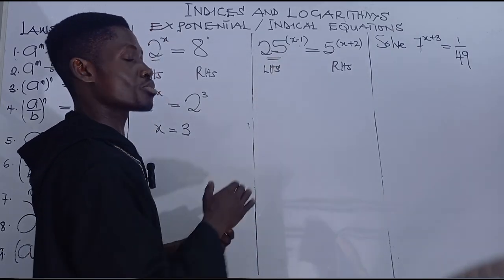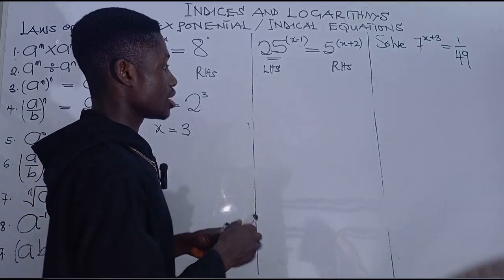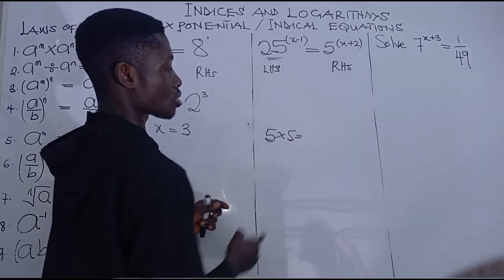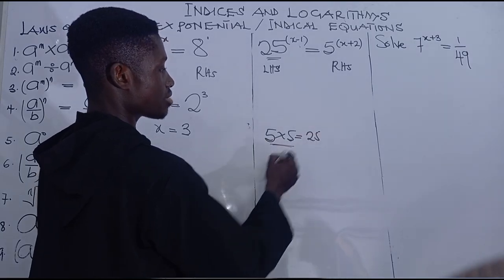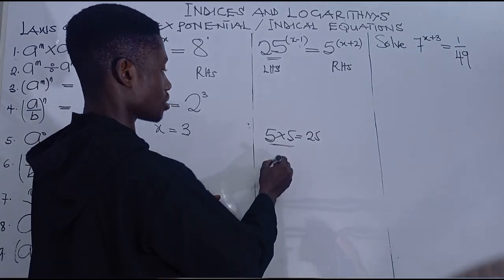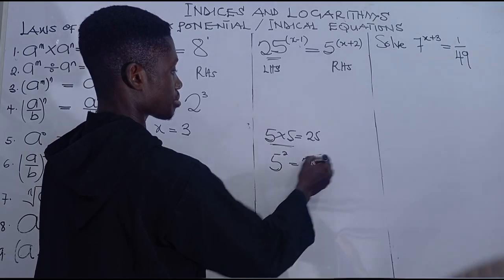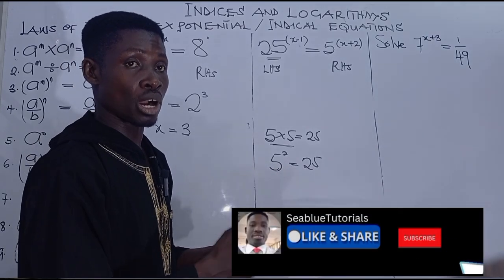Therefore, we have to express 25 in an index form with a base of 5. So we know that 5 times 5 gives us 25. We can express 5 times 5 in an index form as 5 raised to the power 2. So in place of 25, we are going to substitute 5 raised to the power 2.